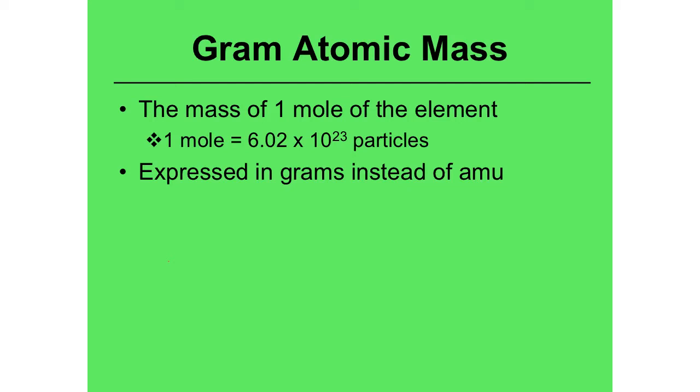Alright, in our last video, we figured out how to look at an atom and know how many protons, neutrons, and electrons were present in the atom. So for example, if we had chlorine with a mass of 35, then we would look up chlorine on the periodic table and see that chlorine's atomic number is 17, therefore it has 17 protons.